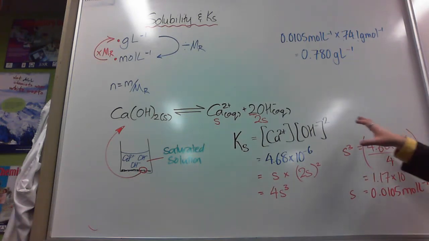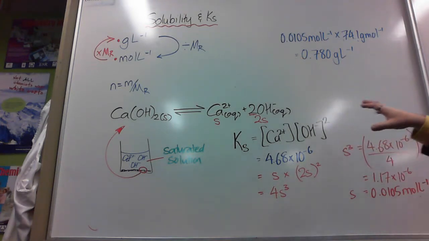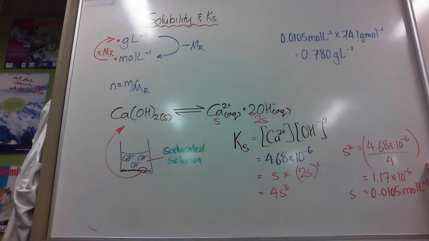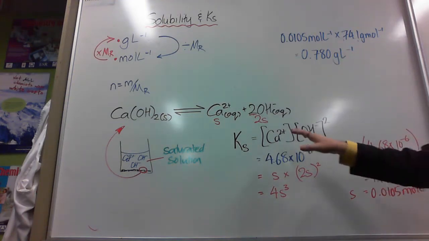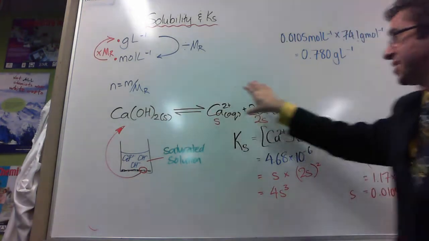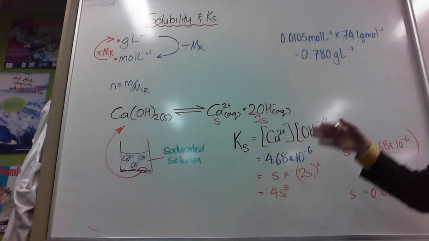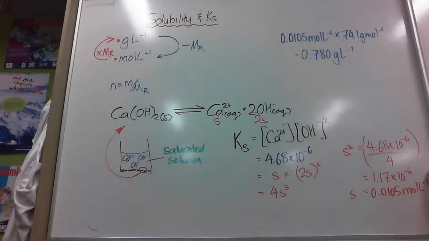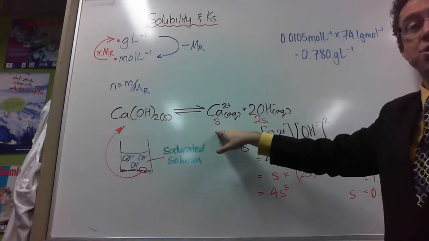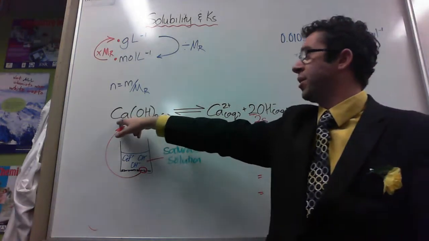So when I have got solubility, I can be given it as grams per litre or moles per litre and be asked to calculate the Ks value. I do that just by plugging the values in after I've got my Ks expression. Alternatively, I could be given the Ks value and asked to find the solubility in moles per litre and or grams per litre. For that, I need to do a bit of algebra where I say S is the solubility, so I look at this.